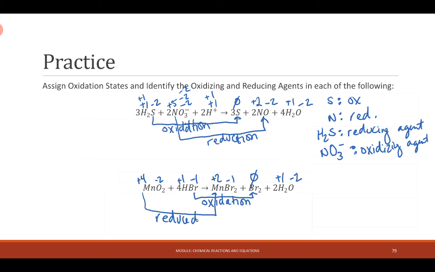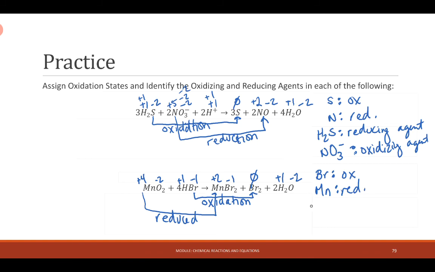If you do not have an oxidation and instead you have 2 reductions, that could indicate that you have messed up assigning your oxidation states, and you should double check your work. You should always have at least 1 oxidation and 1 reduction. And so my bromine is oxidized, and my manganese is what's being reduced.